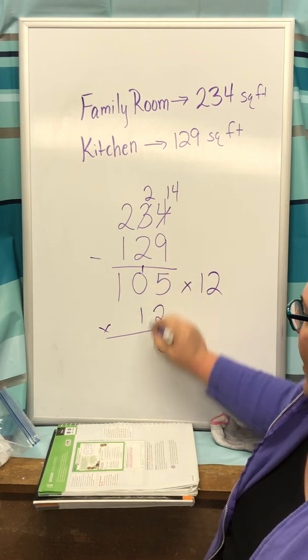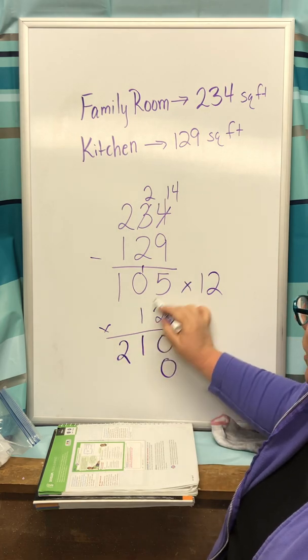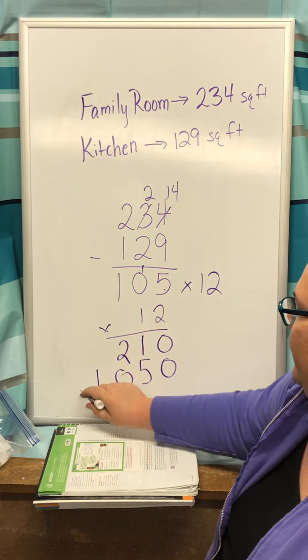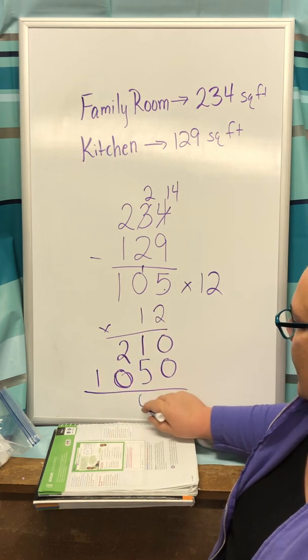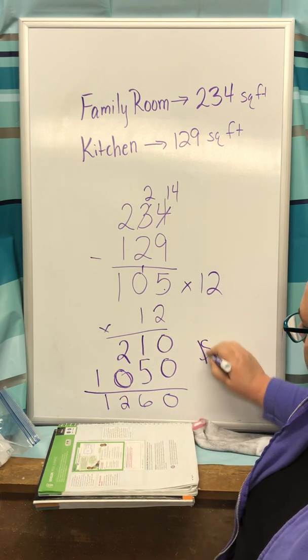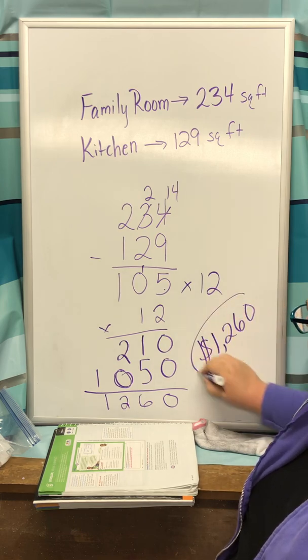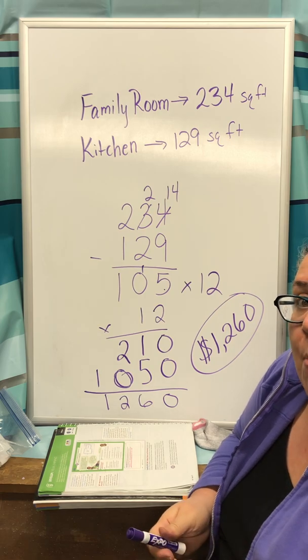That's 0 and 1. 2, put my 0 placeholder. 5, 0, and 1. And that is a 0, not a 6. So I have 0, 6, 2, 1 for a total of, remember it's money, $1,260.